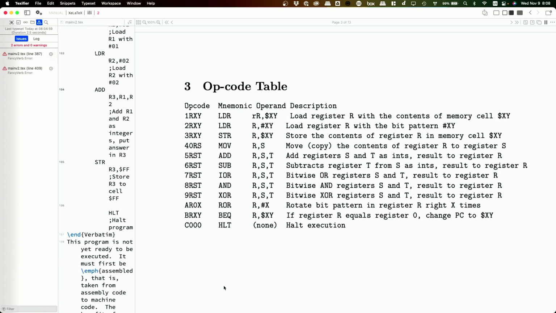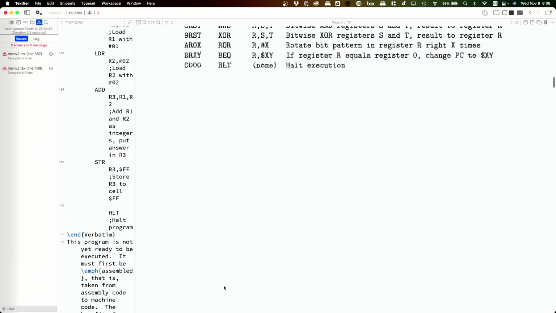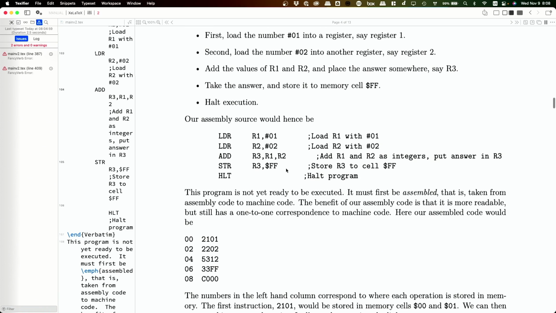In the same way that, remember with the Turing machines for that simulator, we had to write them in a particular way: state, read symbol, write symbol, direction to move, state to enter, that sort of thing. Same thing here. There's some organized, systematized way of writing down the instructions, and right here it is.